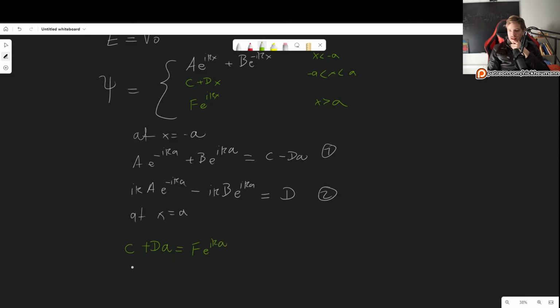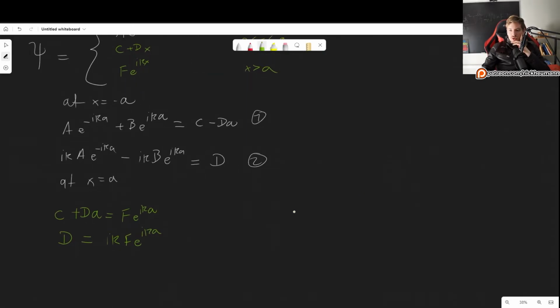And on the other side, now with the derivative, we get that d has to be equal to ik f e to the ika. So these are equations 3 and 4. So now notice, again, we need to get rid of b, c, and d.